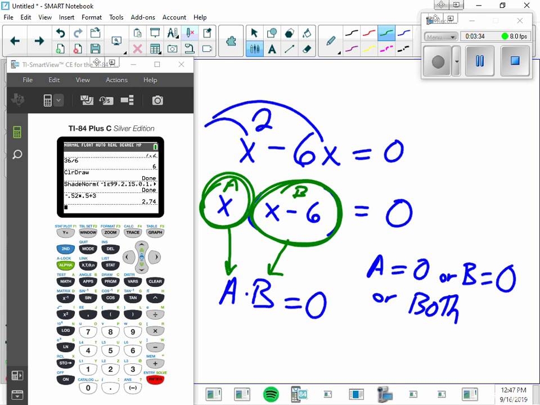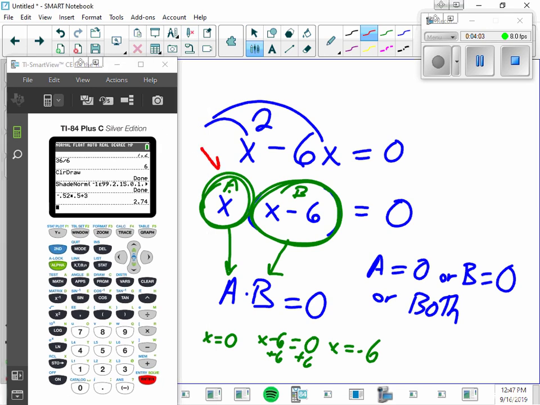Either A equals 0, so x equals 0, or B equals 0, so x minus 6 equals 0. Well, the first one's already done, x equals 0. The second one, what do I need to do to solve for x? Add 6, and x equals 6. So what that's telling me is this equation has two answers, 0 or 6.